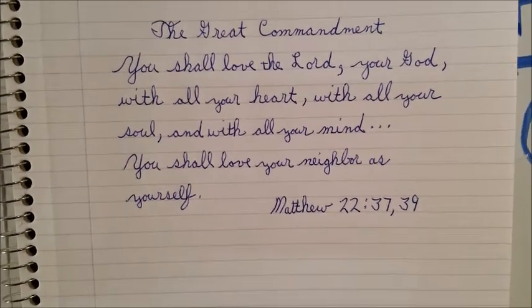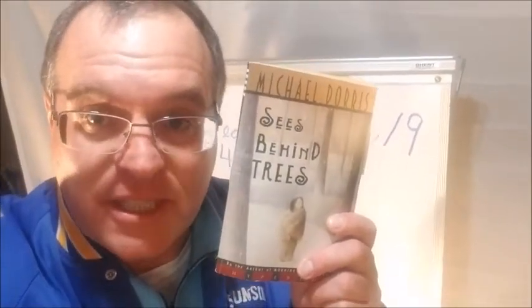Now, boys and girls, keep reading your Seeds Behind Trees, a little bit by little bit. I know some students said they got 2 or 3 chapters done when we were having our Zoom today. Now, I'd rather have you read a chapter a couple times over instead of plowing ahead, because we're going to talk about all these things, and I want you to really get an understanding of what's going on in this story.